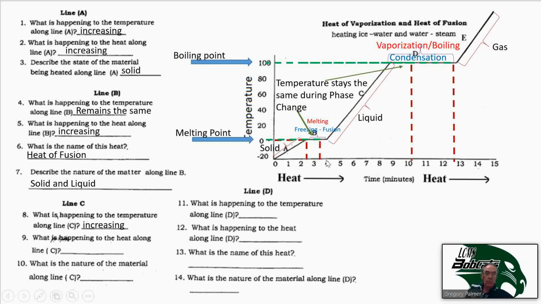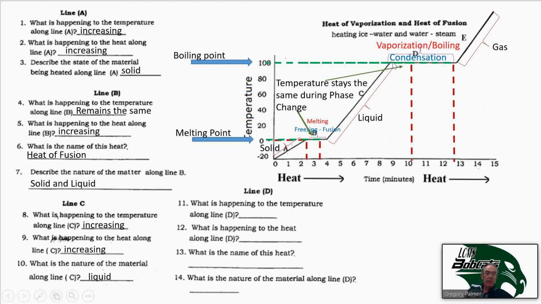Well, along line C, we're going to look down to the x-axis. And line C starts at about 4, and line C ends at about 9, so that's an increase. It will be increasing. And what's the nature of the material along line C? We said it's a liquid. It's a cold liquid, and it's going to warm until it gets to the boiling point.